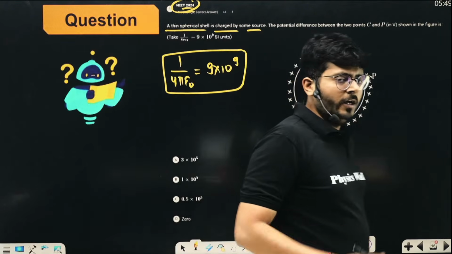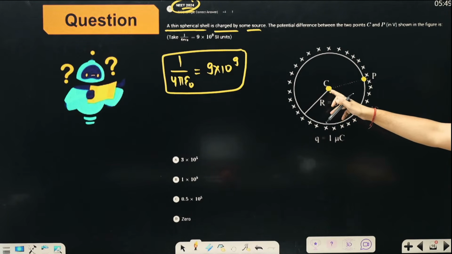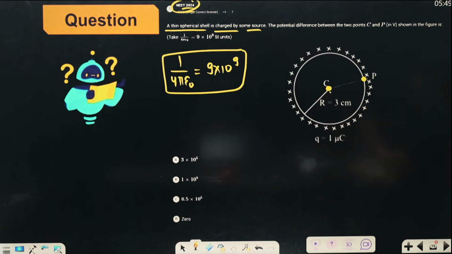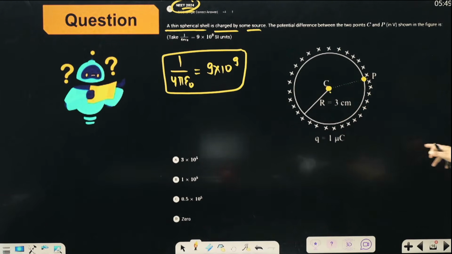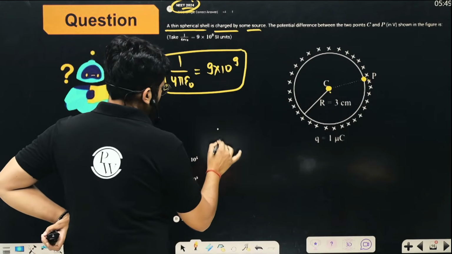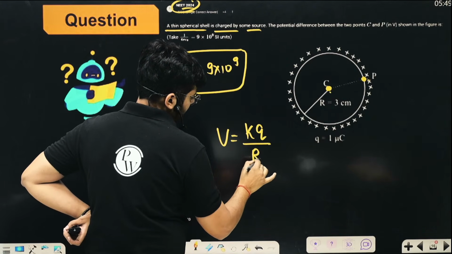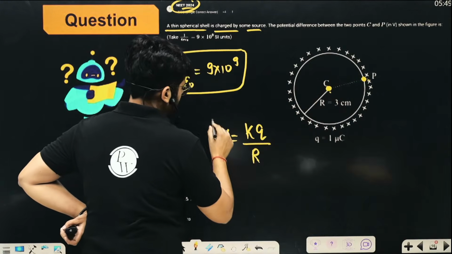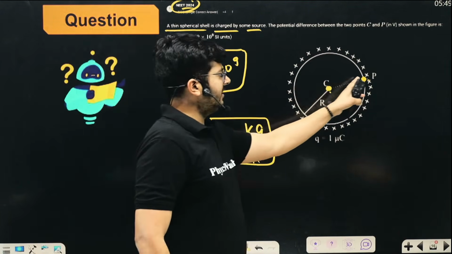You need to think about this: for a spherical shell, we have the same potential, KQ by R, and that is constant across this region, and it changes after the point P. We know that the potential across a shell is KQ by R, where R is the radius, not the distance from the center. So we have the same potential from the center till this point.